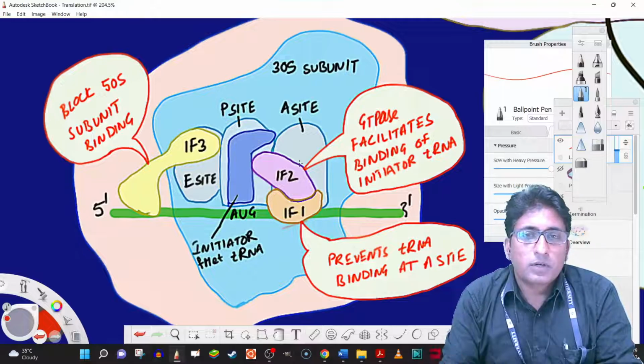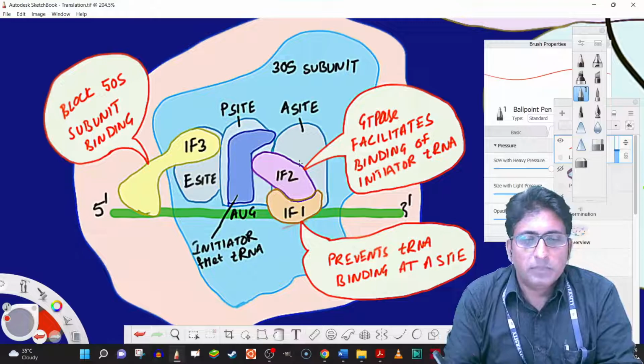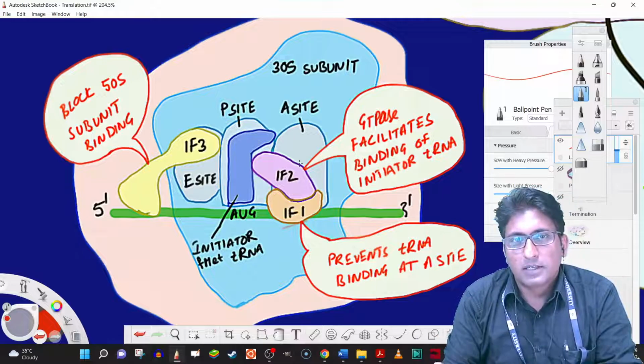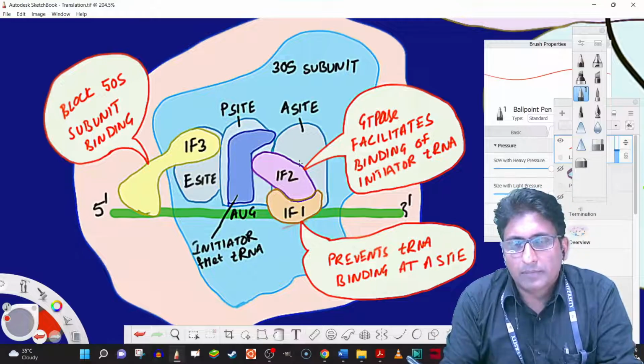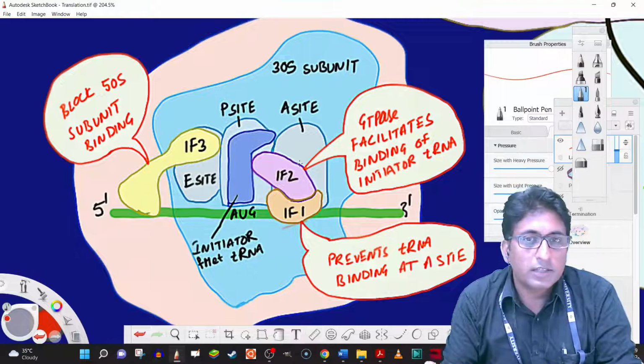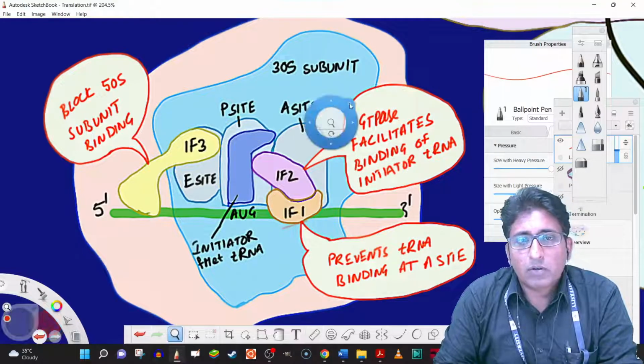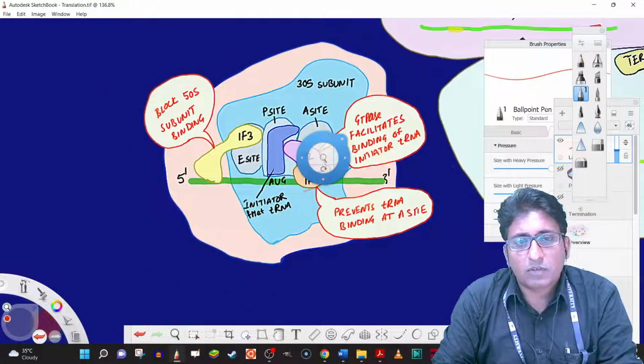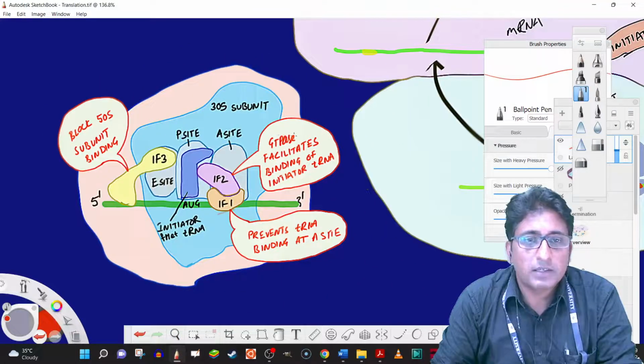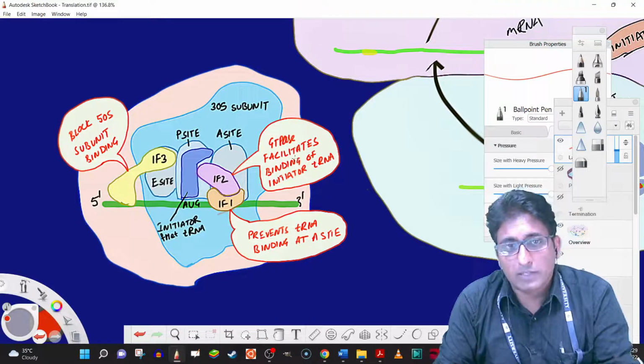But it is important to see why they must be there, or to think about what would happen if they were not there. That would provide a good answer. I hope we have come across the different aspects of initiation, the different factors, and their roles.